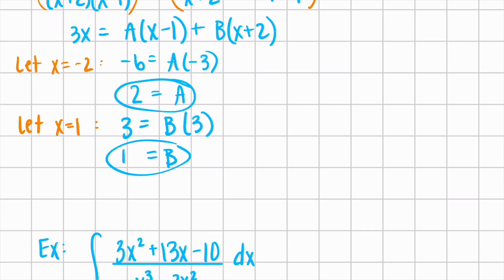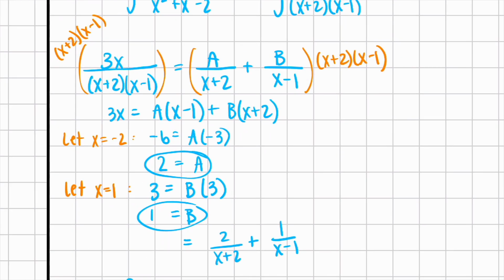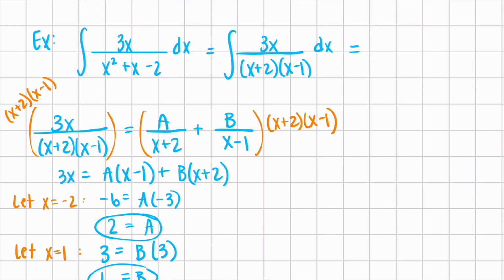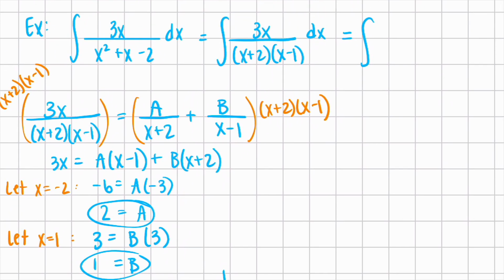So that means that we have a is 2, so 2 over x plus 2, plus b is 1 over x minus 1. So now that we've done that, we can go back up, and I'm going to split this into two integrals. I'm going to have 2 over x plus 2 dx plus 1 over x minus 1 dx.